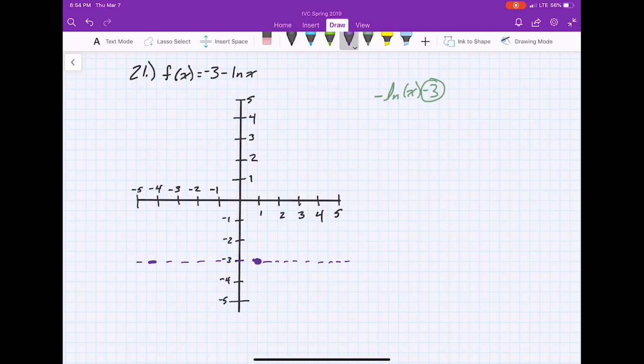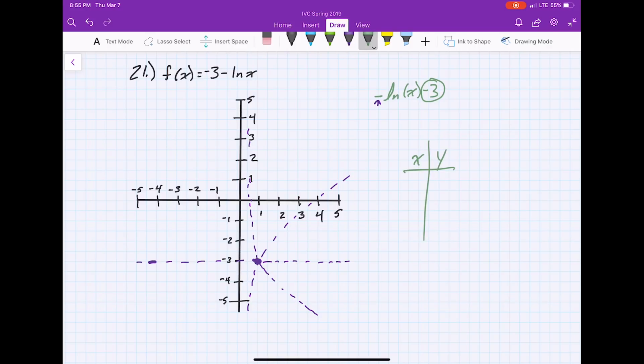And of course, it would look like this. However, we have that negative sign out in front here. So we should expect when we do some side work that this is actually what we will see. But let's just see if that's true.